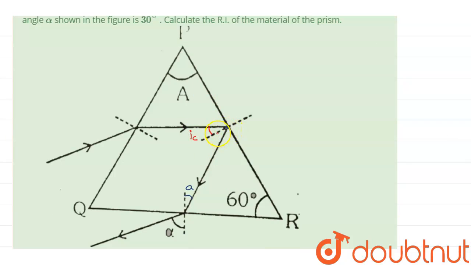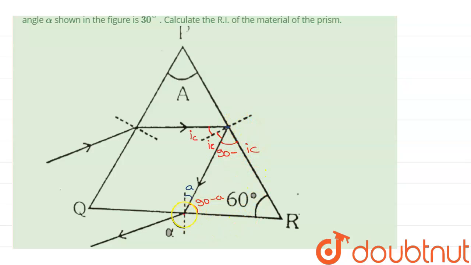And since this is reflection, this angle will also be IC. So this angle is A and this is the normal. So this angle will become 90 minus A. This angle is IC and this angle with the normal is 90 degrees. So this becomes 90 minus IC.